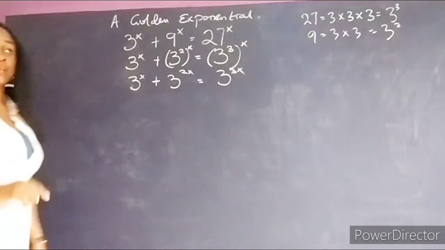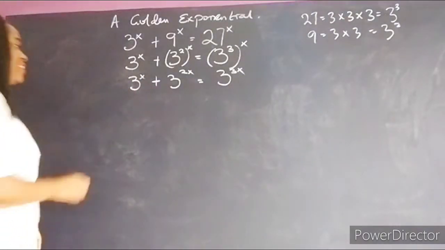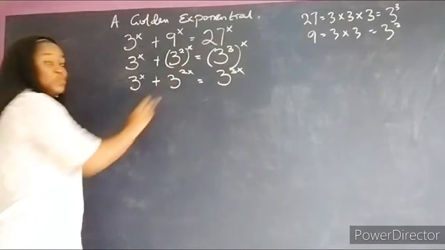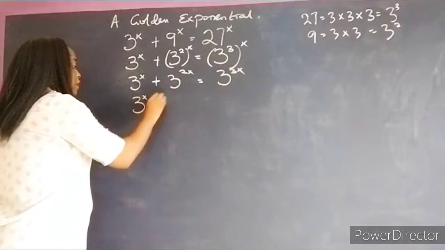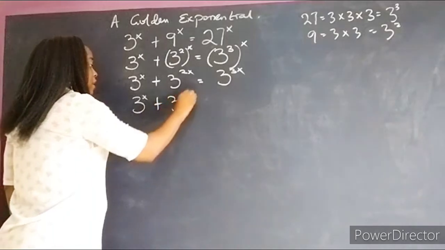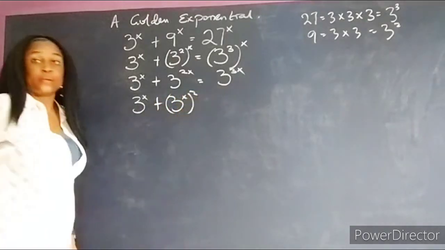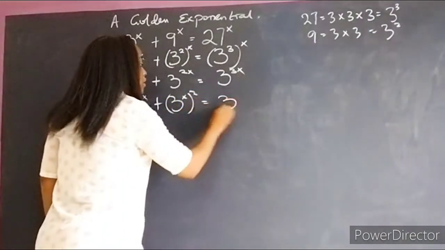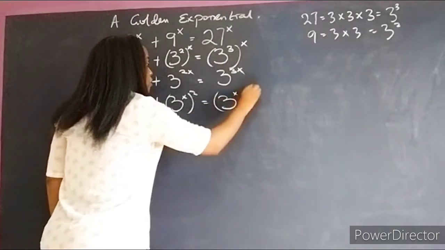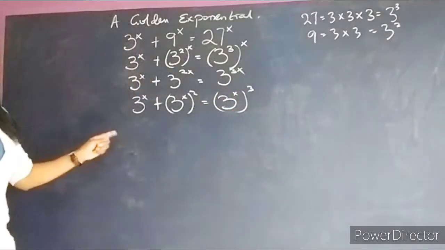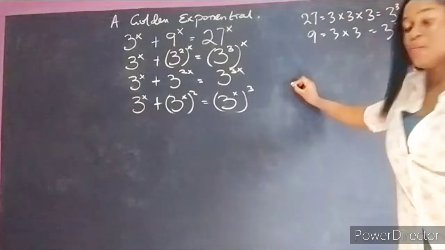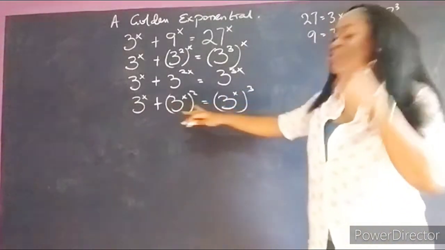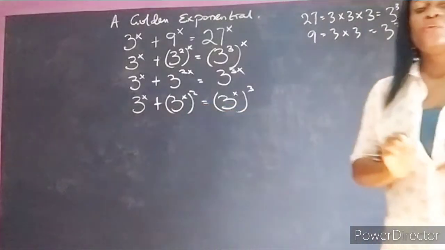So we're going to do something different right now. We're going to switch it up. So we'll say 3 raised to power x plus 3 raised to power x squared equal to 3 raised to power x cubed. And on the side, we're going to capture 3 raised to power x to be one single variable.